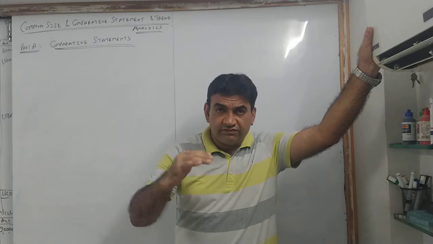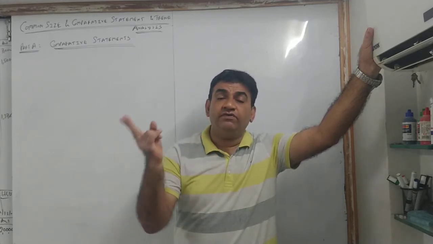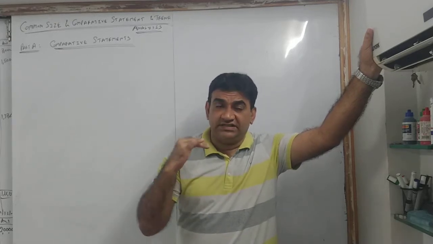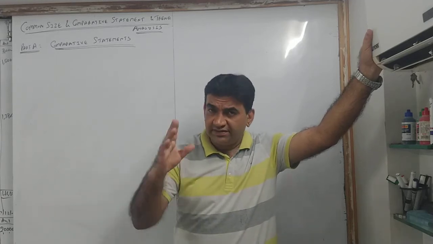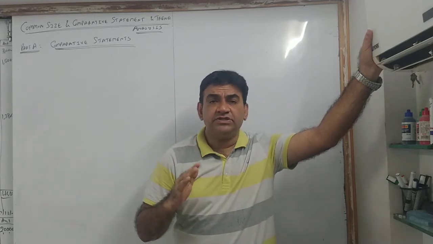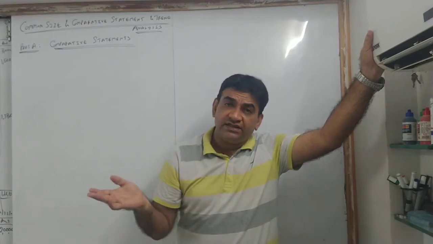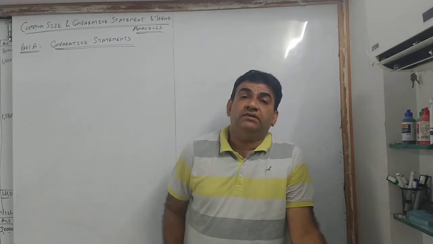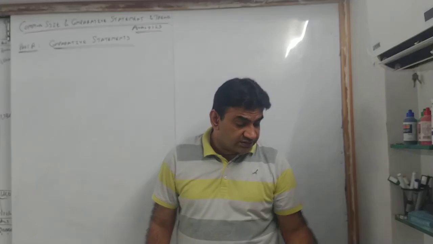You have to first prepare the vertical format normally for 2 years, and then compare the difference between the amounts and get the percentage. I'll show you in the next 2 minutes. So in comparative statements you first convert into the vertical format, then compare the figures of the previous year with the current year and get to know the percentages. I'll straight away start with the sum.